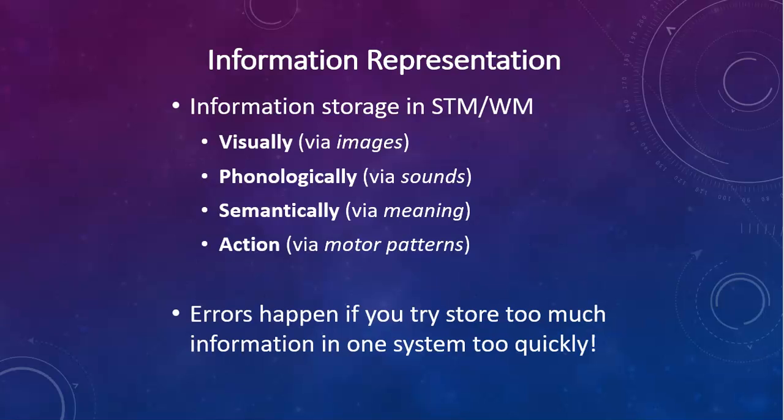Now, you can have errors in your memory as well, so you might remember something wrong, and this can happen if you try to store too much information in one system too quickly. So the best way to remember things is to store things in different storage areas so that you can remember more.